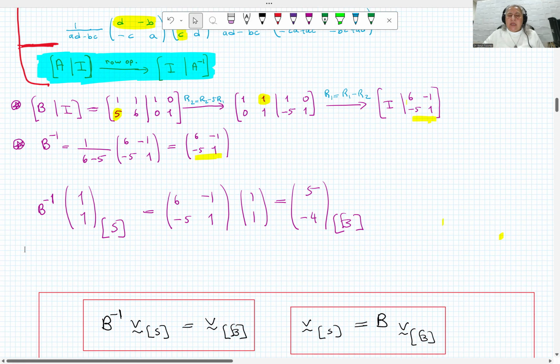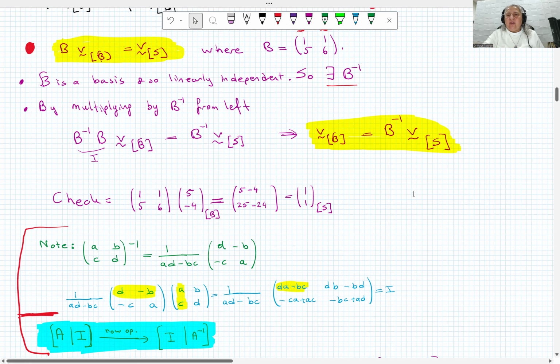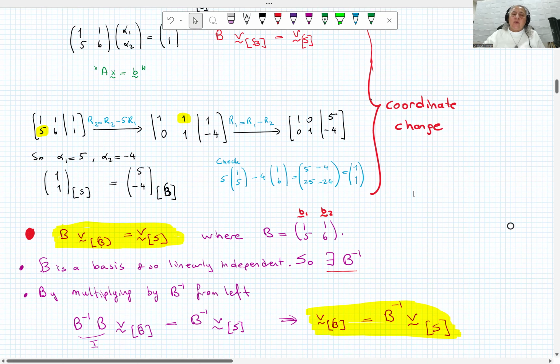So this matrix will be this matrix multiplied by 1, 1. 6 minus 5 is 5. Minus 5 plus 1 is minus 4. So that's the vector of B. That's 5, minus 4. That's exactly what we found with this way. So it's exactly the same thing.